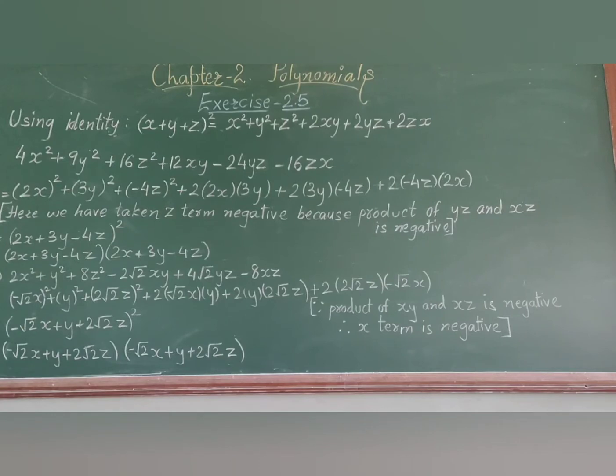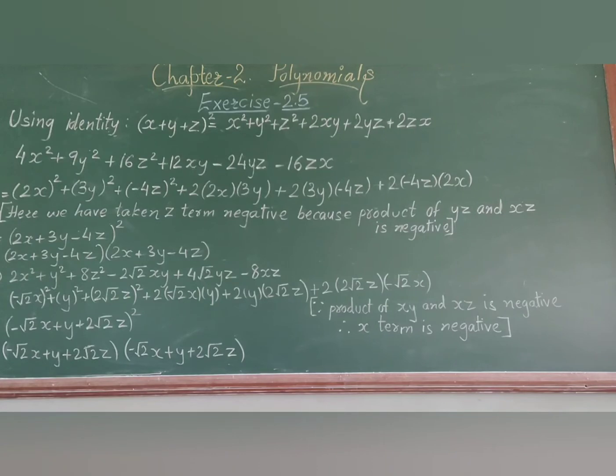Now we decide which term is negative from the remaining three terms. The fourth term is the multiplication of x and y, the fifth is the multiplication of y and z, and the sixth is the multiplication of z and x. If your fourth term is positive, either both may be negative or both positive, it doesn't matter.